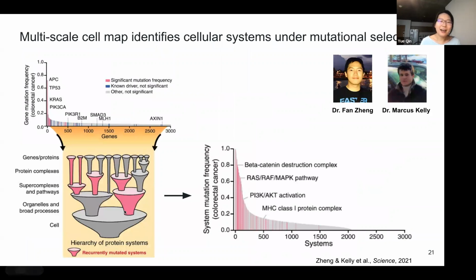Here, imagine the map I showed you previously is flipped upside down: on the top are the genes, proteins, and small protein complexes, and on the bottom is the cell. But this is again a multi-scale map. Now you're seeing at what level on this multi-scale map you observe strong mutational selection in cancer.